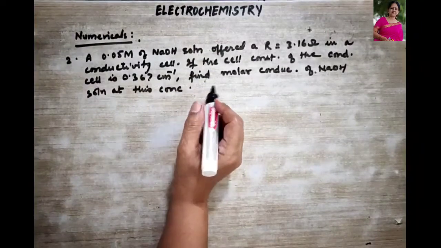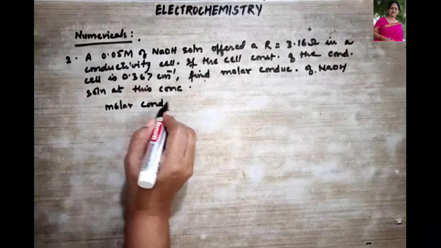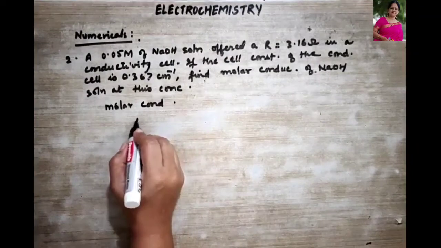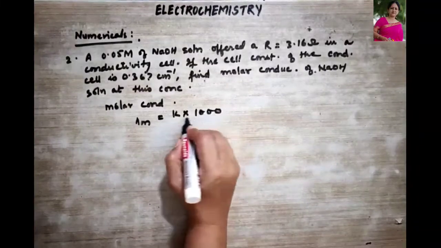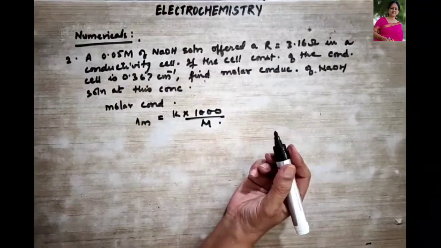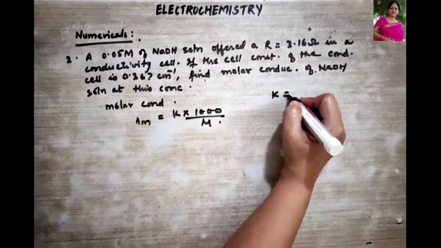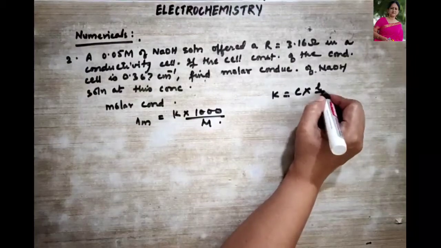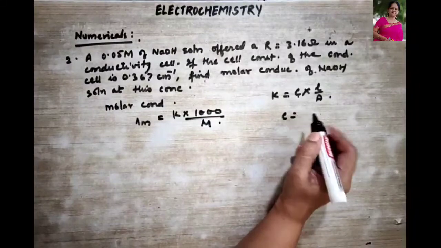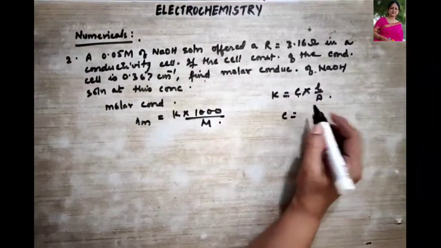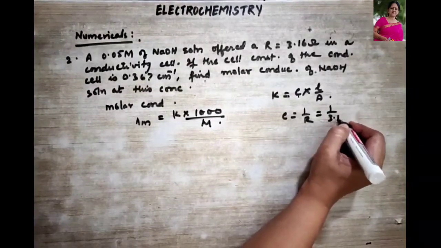Followed? So let us find out what is the formula of your molar conductivity. So this is equal to K into 1000 upon M, right? Now firstly we have to find out kappa K. So K is equal to C, conductance, into L upon A, right? What is your C? Because resistance is given to us, C is equal to 1 upon R. So this is equal to 1 upon 3.16.